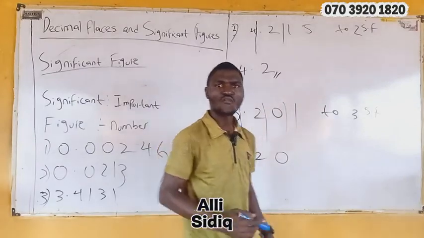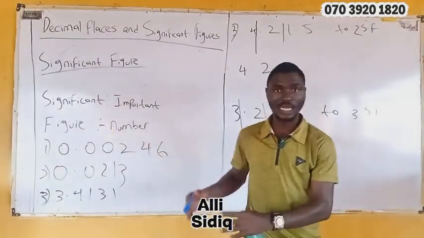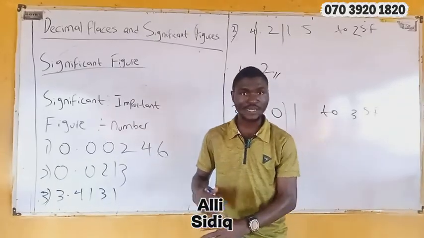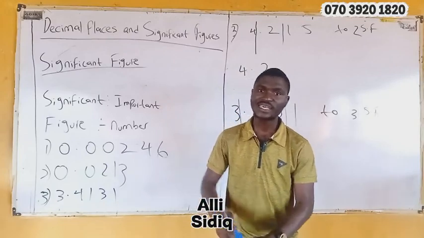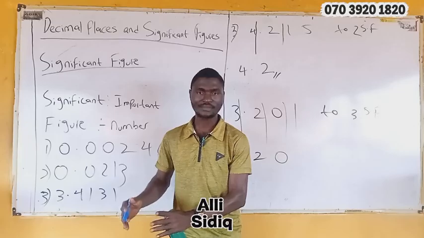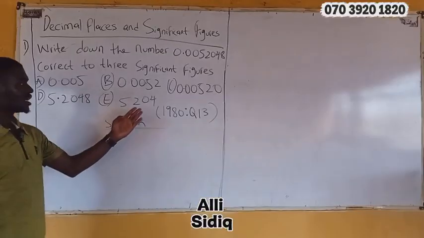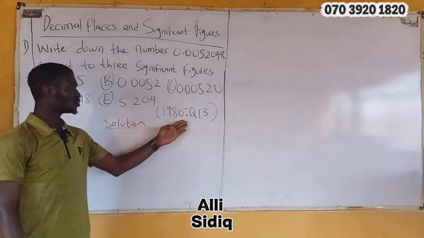So for better understanding, let's solve our JAMB past question. As we solve a JAMB past question, you get to have more understanding of the difference between significant figure and decimal place. This is JAMB past question 1980, question 13.